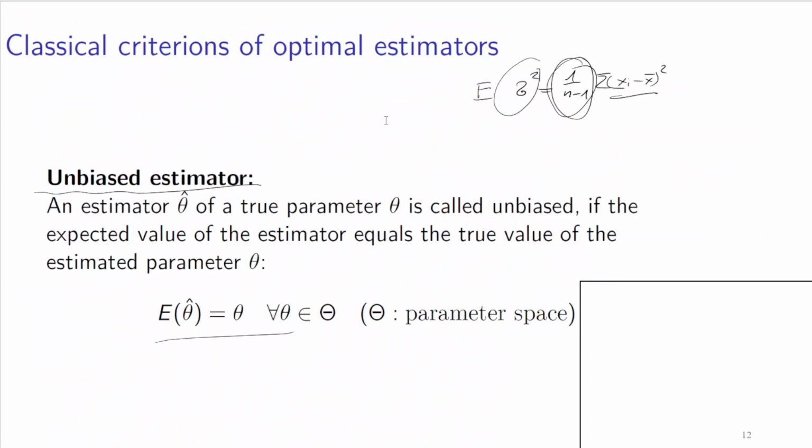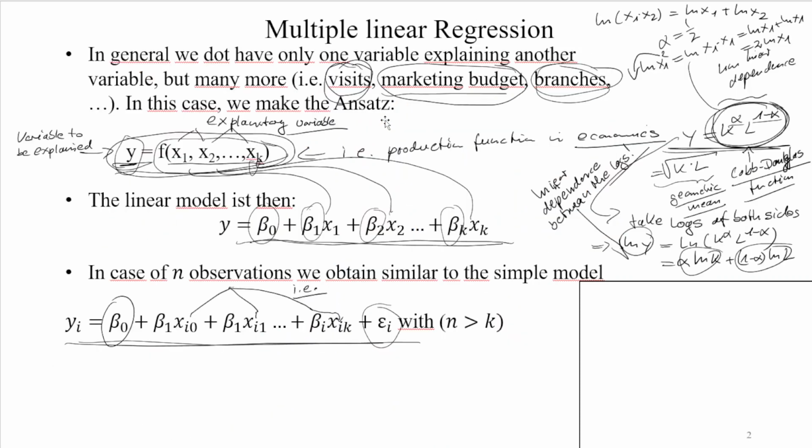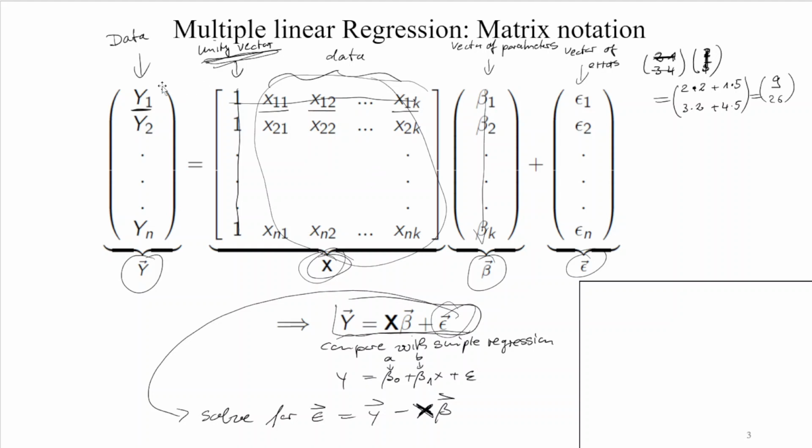And let's go back. How did it look? So this was this multilinear dependence we are assuming. This we have to do for every data point, so we obtain then this matrix description.